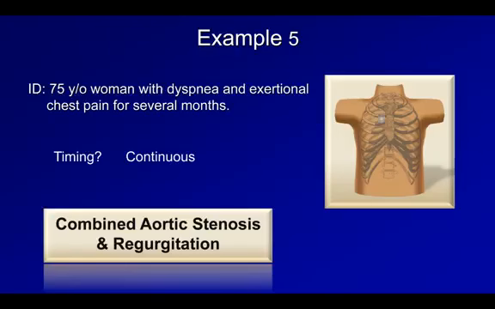Once more at the upper sternal border, where the aortic stenosis murmur predominates, and at the apex, where the aortic regurgitation murmur predominates.